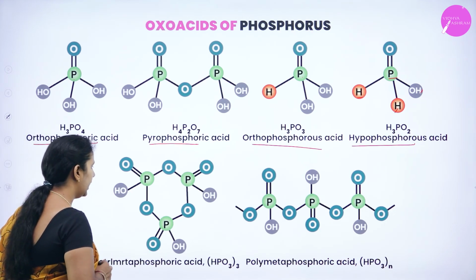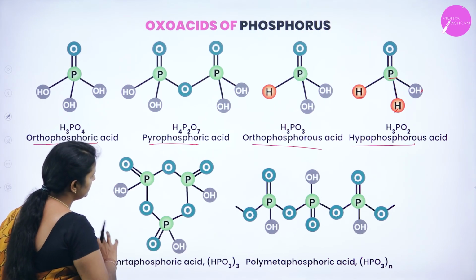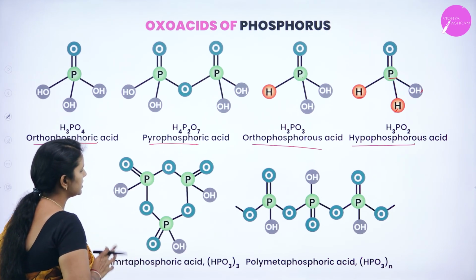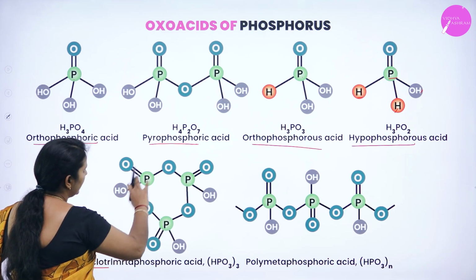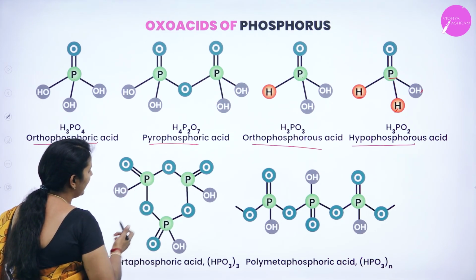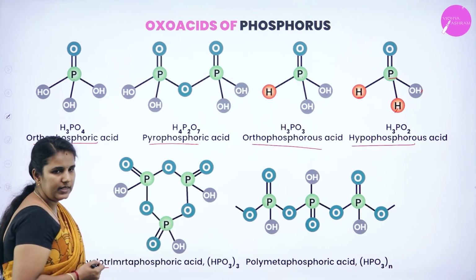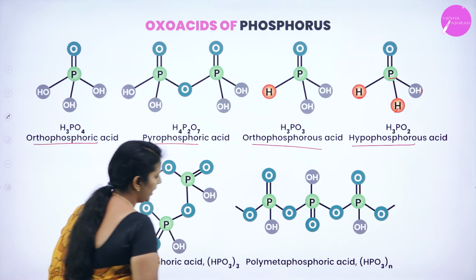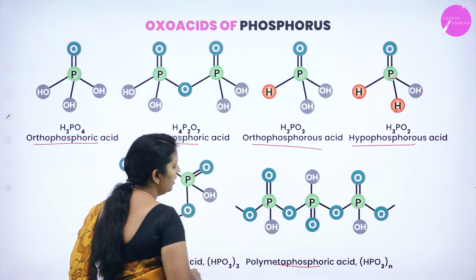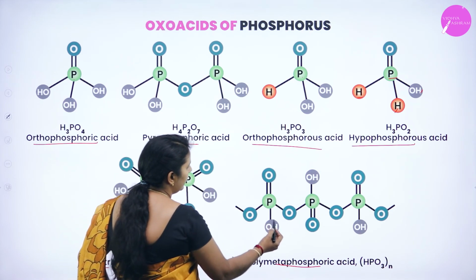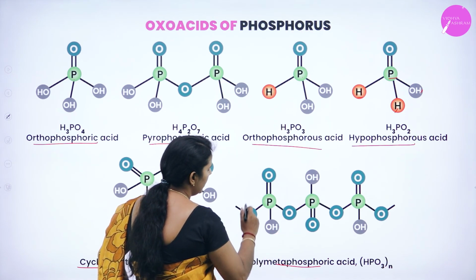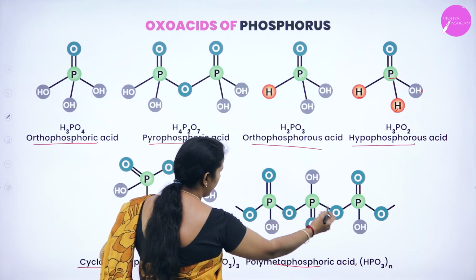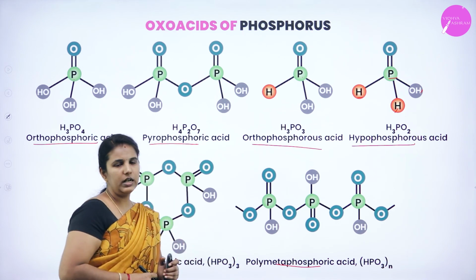Coming to cyclotrimetaphosphoric acid, this phosphoric acid looks like a cyclic structure, a closed one, where 3 phosphorus atoms are connected like a benzene ring. And coming to polymetaphosphoric acid, this looks like a chain where the phosphorus atoms are linked together by oxygen atoms.